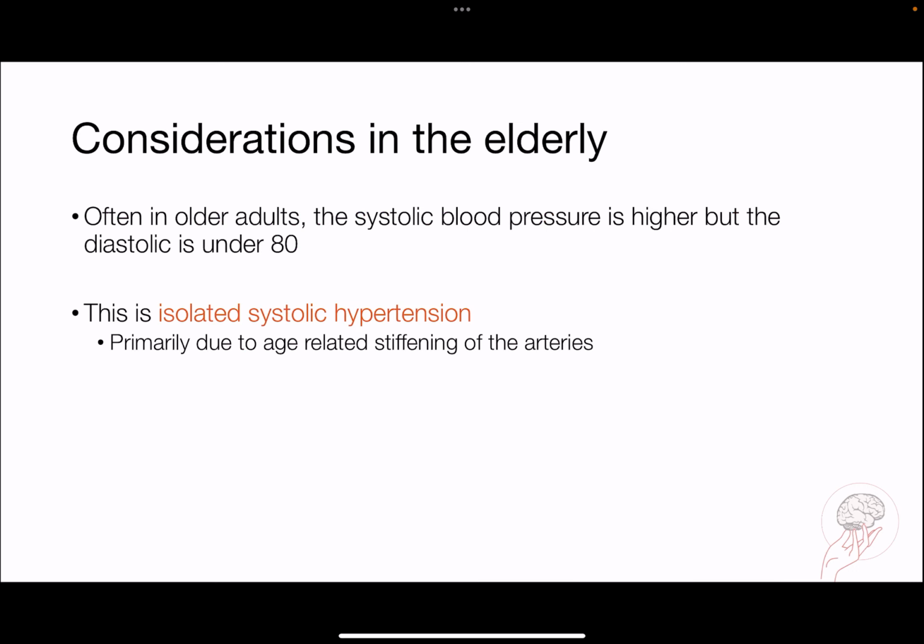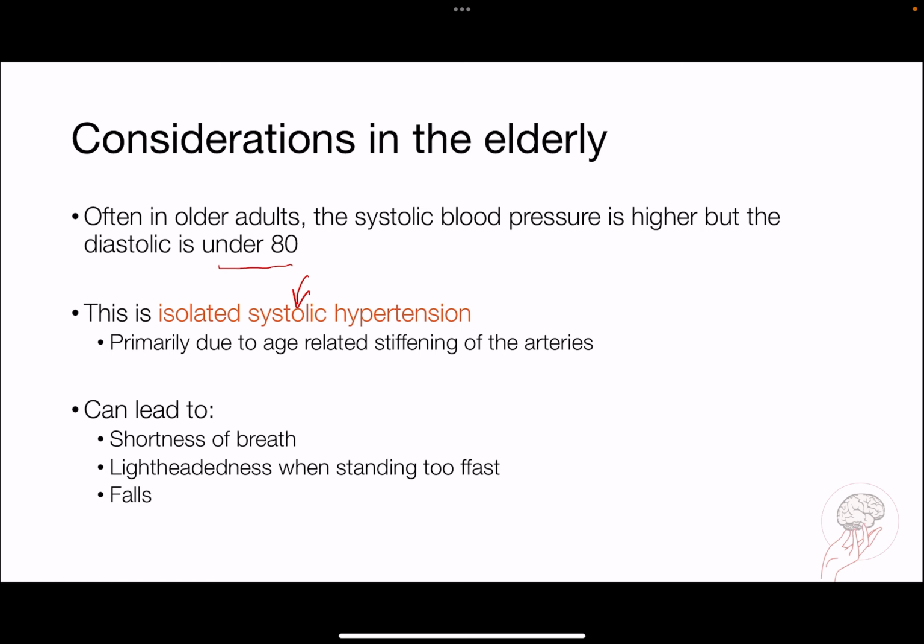And this is called isolated systolic hypertension, and it's primarily due to the stiffening of the arteries. So this is going to mean that the heart has to pump harder, but it's relaxing at under 180. And this can lead to shortness of breath, lightheadedness when standing too fast, and falls.